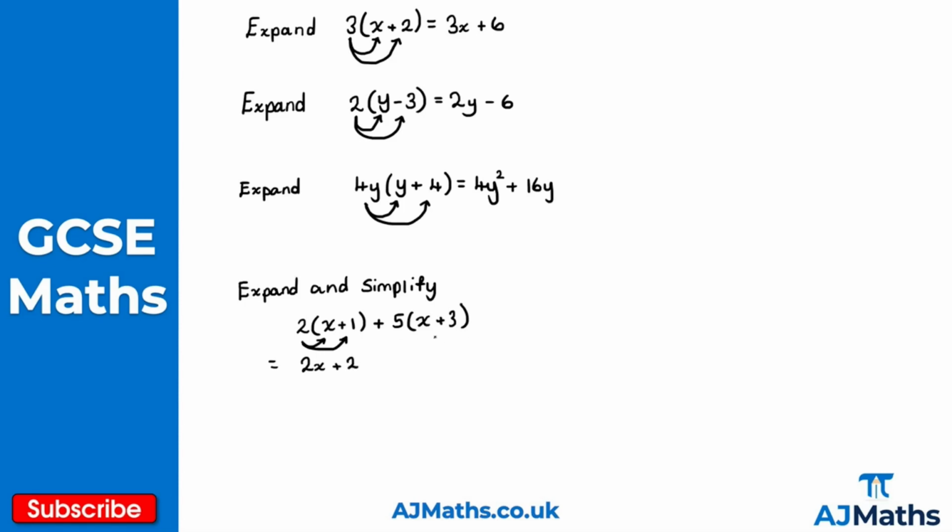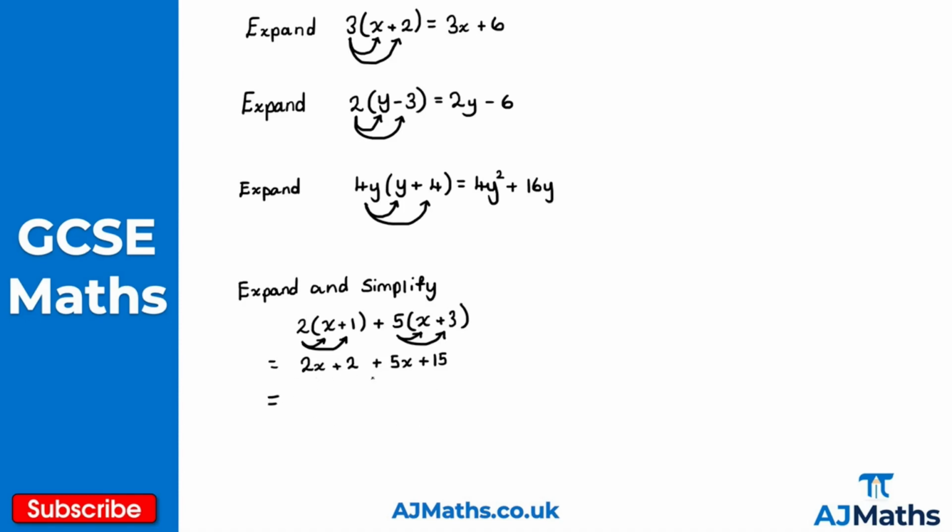We now do the same with this bracket here. So what we're doing basically is just expanding this bracket to begin with, then we do the same with this one, and then we simplify. So 5 times x, that would give me 5x. And then 5 times positive 3, that would give me positive 15. We get plus 15. So now all we need to do here is simplify.